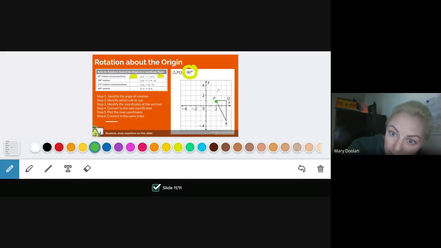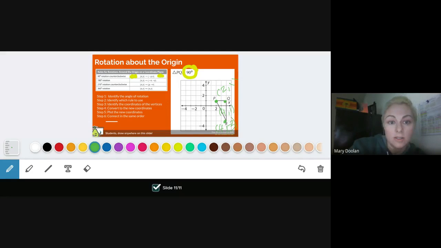So over here, we're at (2, 1). All right, I'm going to identify all my points. Point R is at (4, negative 3). And then Q is at (4, 1).